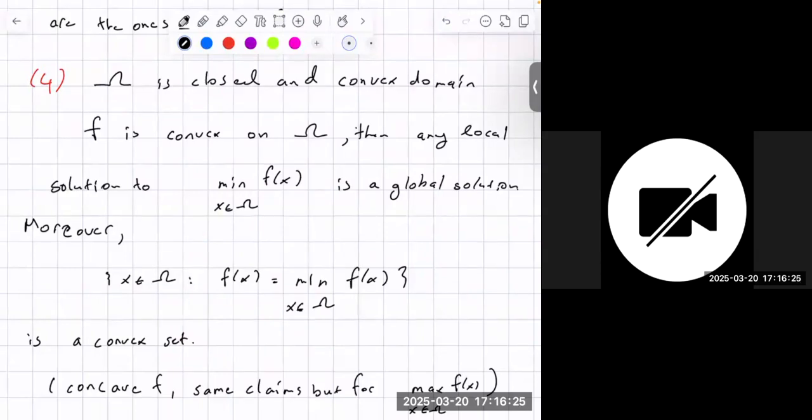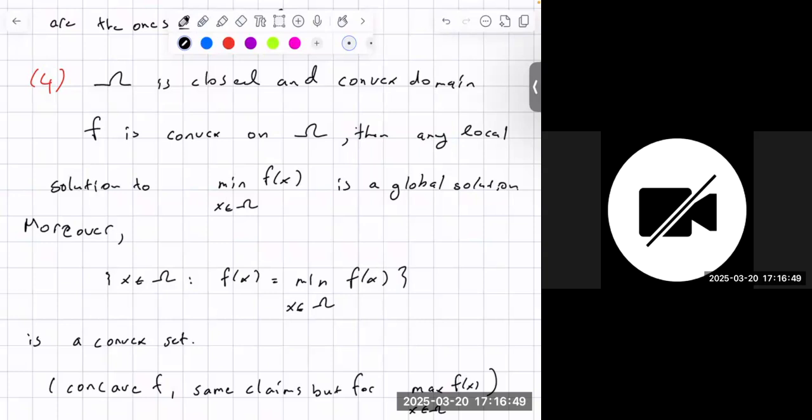You have some closed and convex domain you are trying to optimize. And the function you are trying to optimize is also convex. Then if you solve the local problem, congratulations, you also solved the global problem. For convex stuff, local and global minimum is the same. That's why they are nice and easy, okay? This doesn't mean that the global or local minimum is unique.